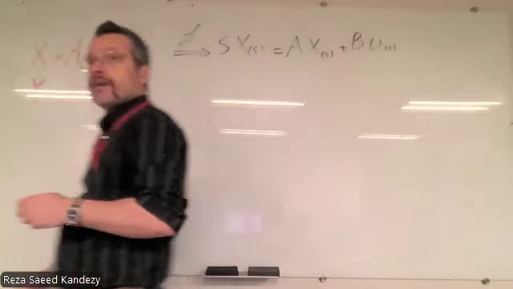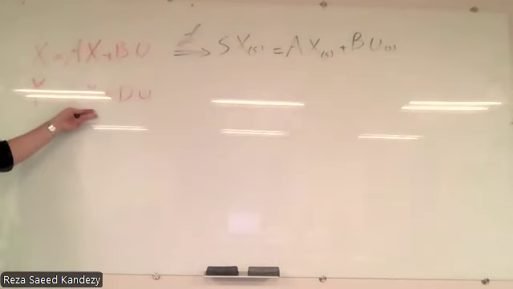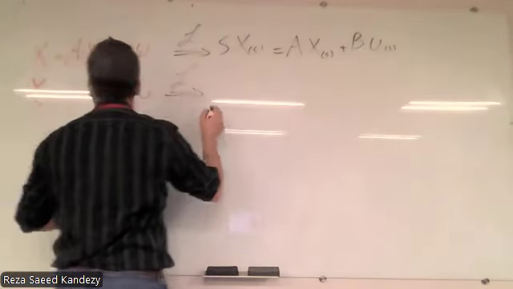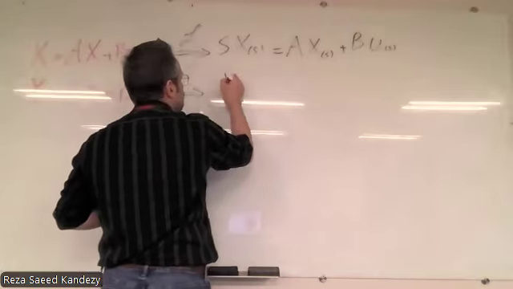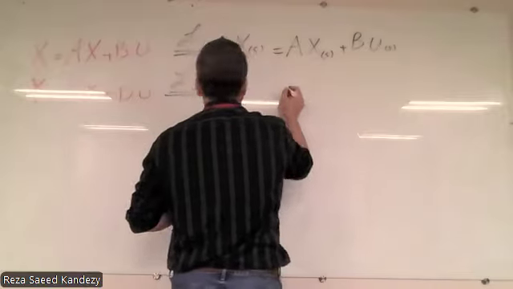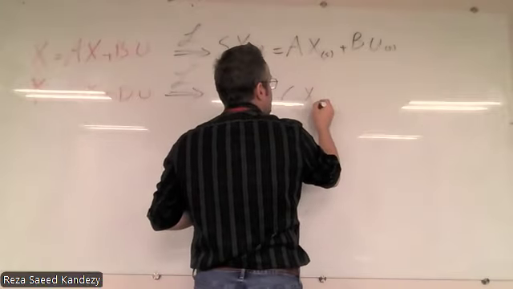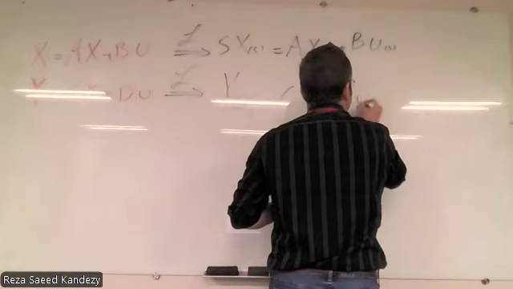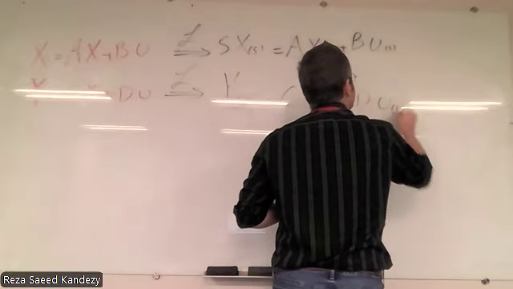Okay. Same goes for the next equation. We take a Laplace transform, and this one is very simple. Our output in the s domain is equal to C times our state variable in the s domain plus D times the input in the s domain.